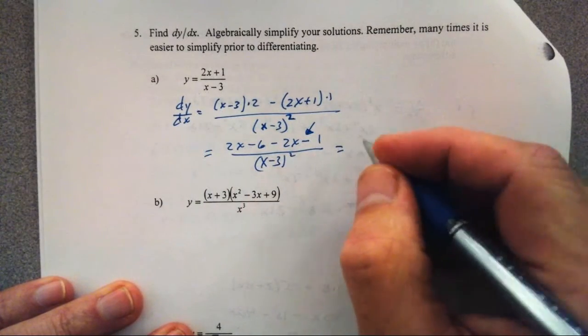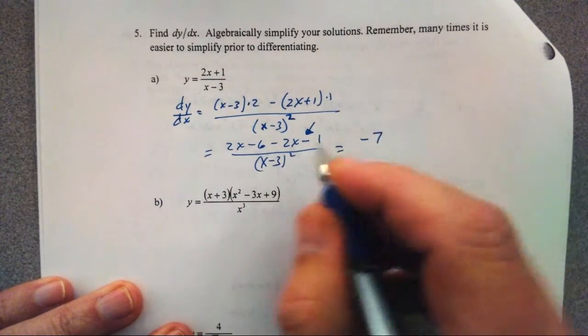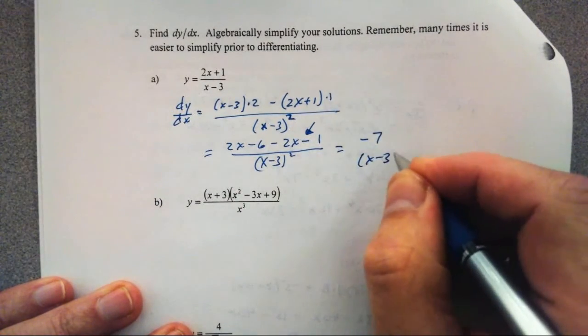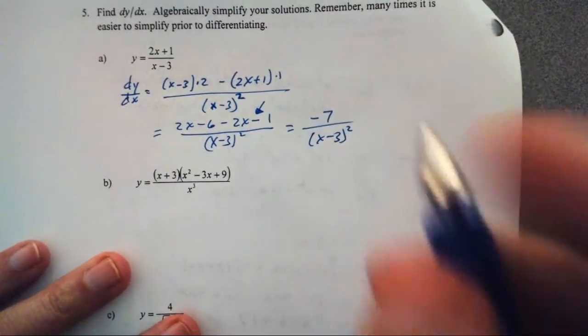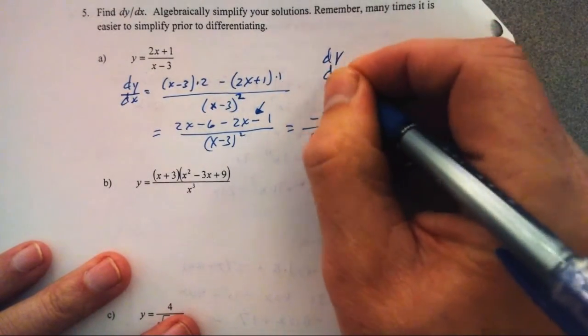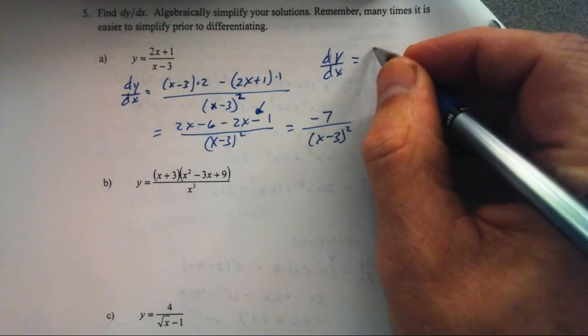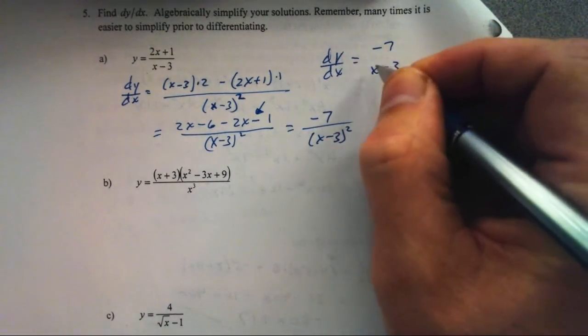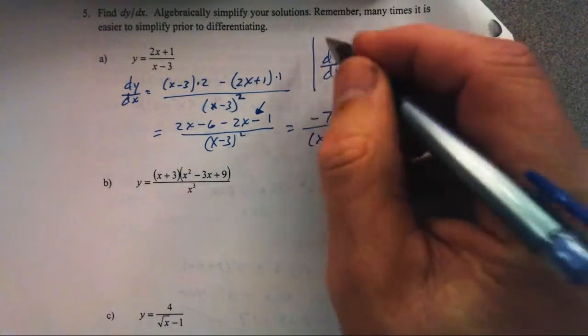For a solution of 2x minus 2x is 0, negative 7 over x minus 3 squared. It'd be nice to just wrap that up. dy/dx, tie it all together, equals negative 7 over x minus 3 quantity squared. No real benefit in foiling that out.